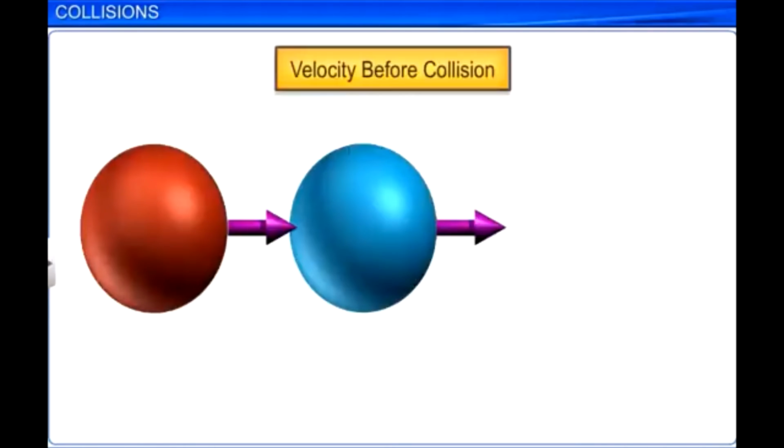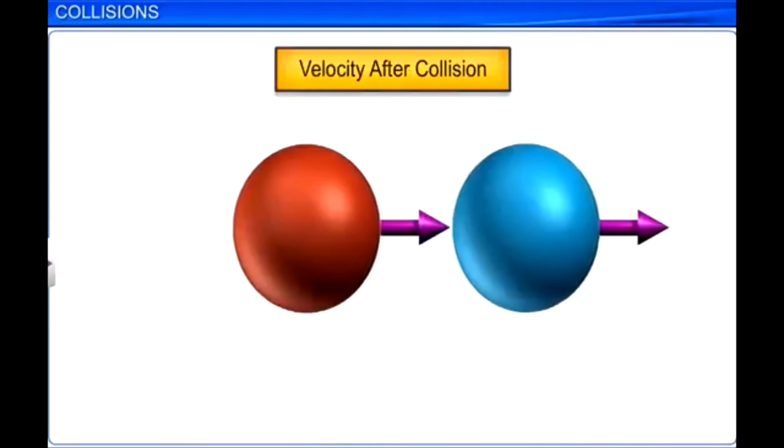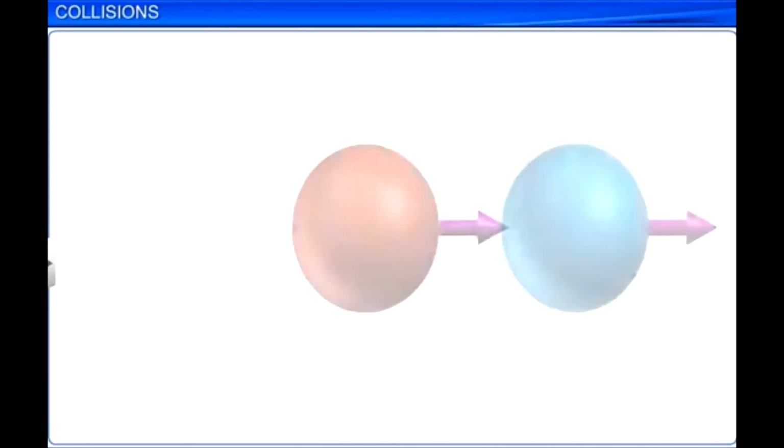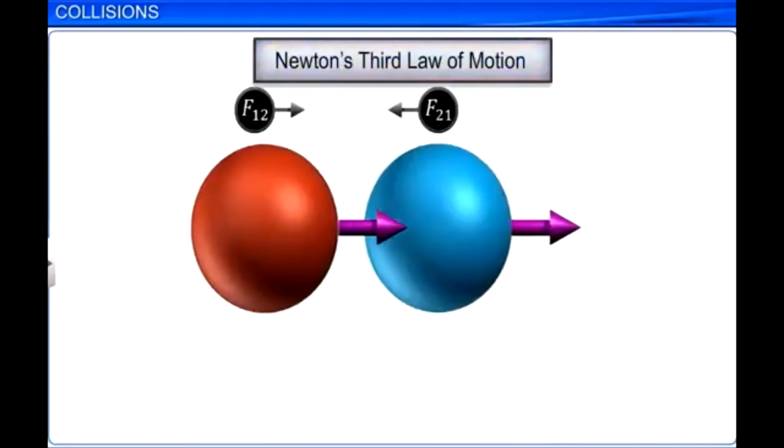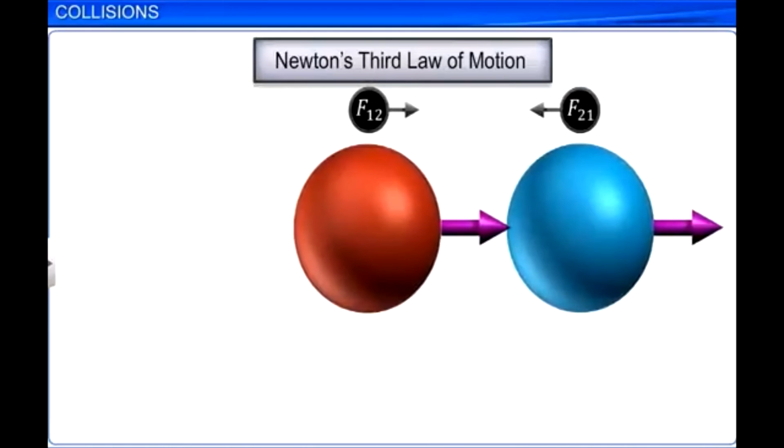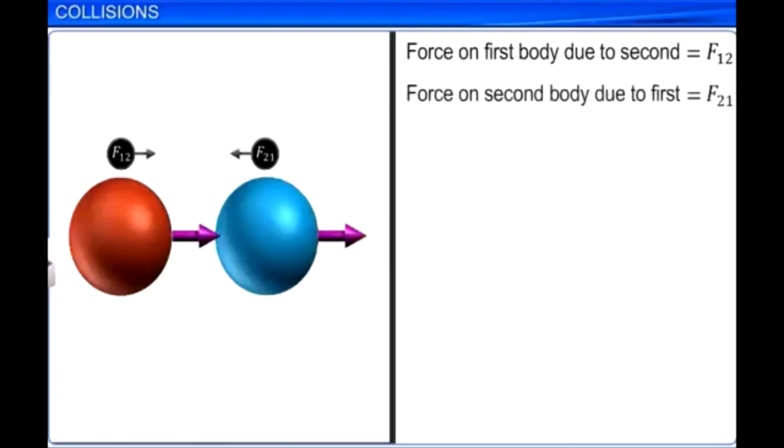If we consider one-dimensional collision between two bodies, then, from Newton's third law of motion, they experience equal and opposite forces F12 and F21 on each other, such that F12 is the force on the first body due to the second, and F21 is the force on the second body due to the first, and F12 must be equal to minus F21.